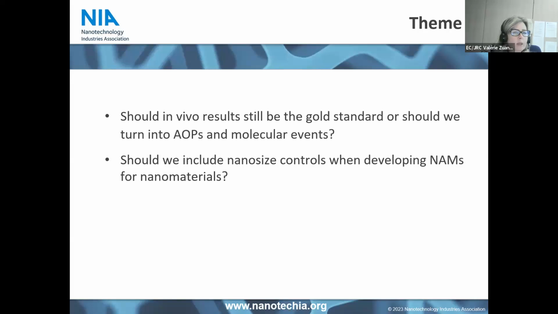So I think we have to move away from this, because the NAMs are giving slightly different information than the animal data, but it's not therefore that it's not good data.